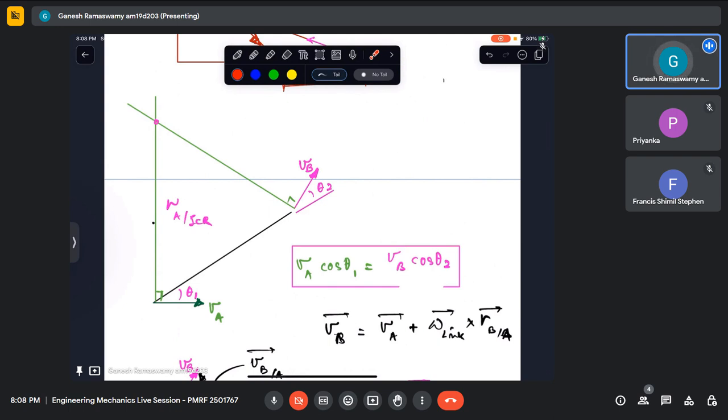Some people might find locating ICR easier as compared to doing omega cross R. But how this all comes about is from this fundamental equation of omega cross R from the relative analysis. What we are covering here is from the first principles and then some shortcuts here and there. So you are free to use whatever comes naturally to you.